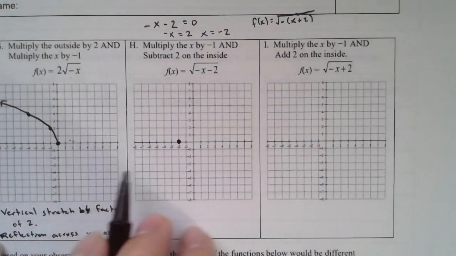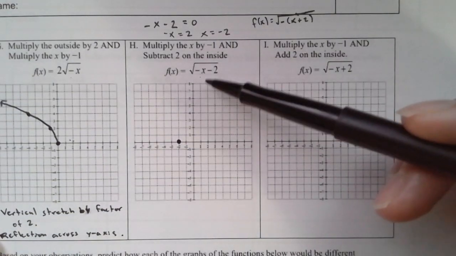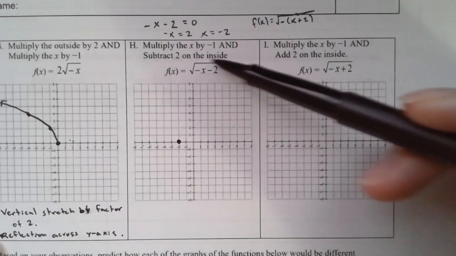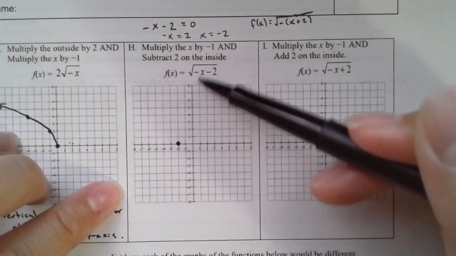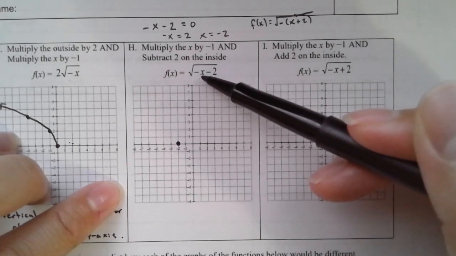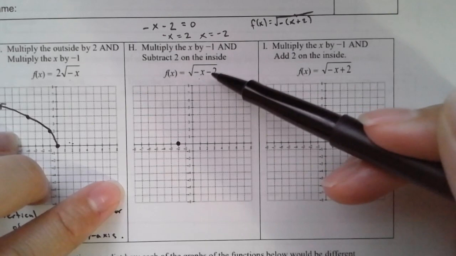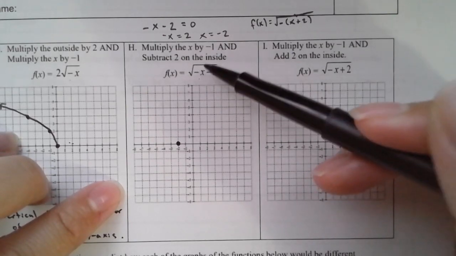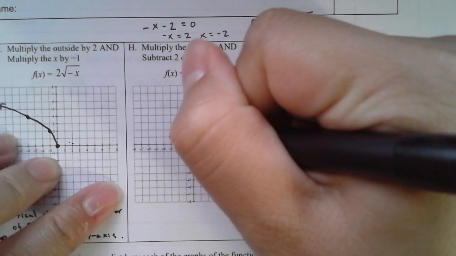Let's plug in, I want this to be equal to 1, right? So if I want this to be equal to 1, I have to plug in negative 3. Why? Because if I plug in negative 3 here, negative becomes positive 3. 3 minus 2 becomes 1. Square root of 1 is just 1. So I have that point there.